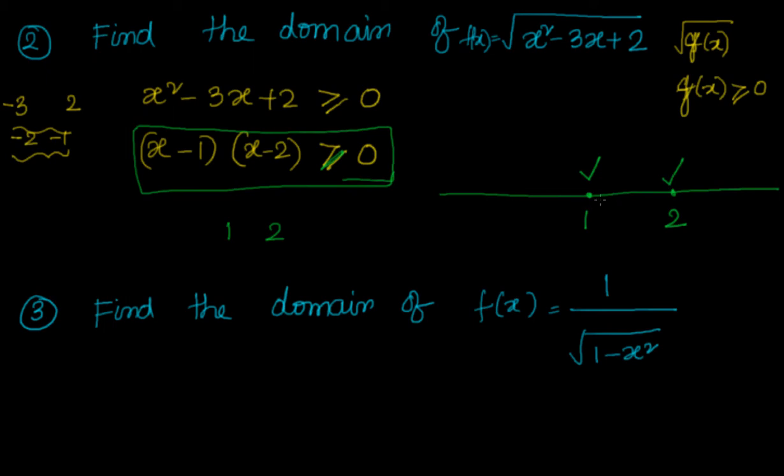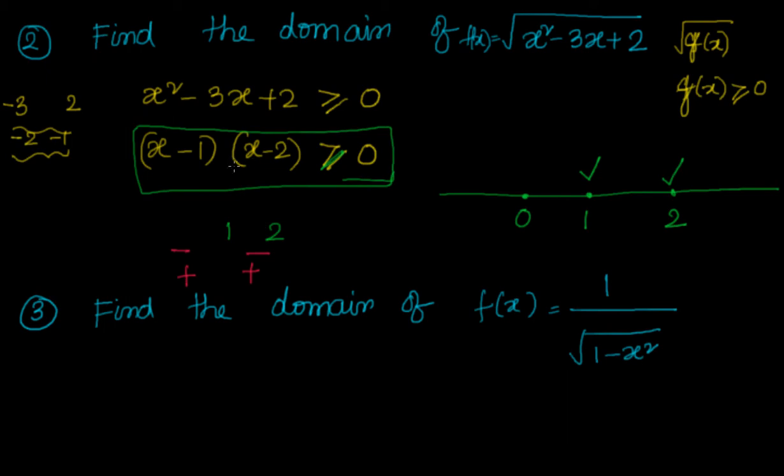Let us take values in between 1 and 2, or let us take values which are less than 1. Let us say the value is 0. Now let us see what happens. Remember, whenever you want to prove something as positive, the product is positive, both of them should be negative or both of them should be positive.